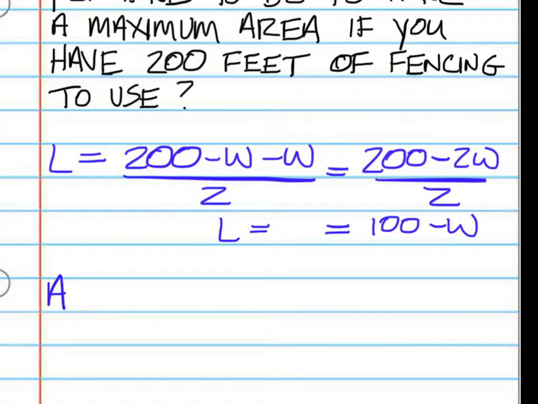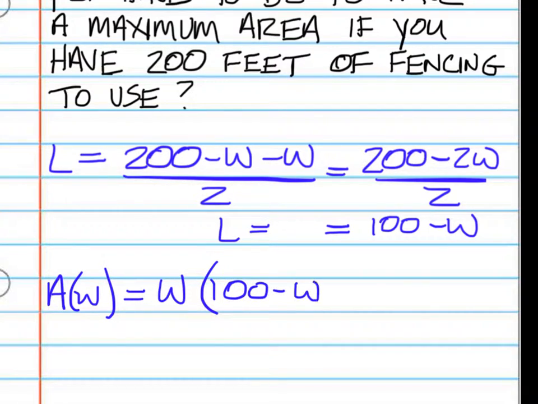And our function A of W would equal the length times the width. So we have a width, and we multiply it by the length, 100 minus W, and simplify that to get 100W minus W squared.